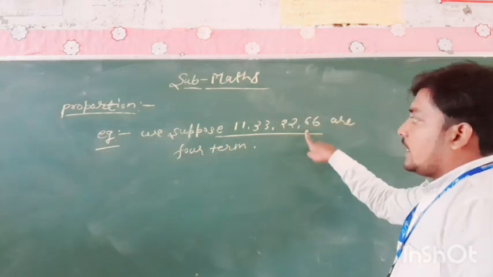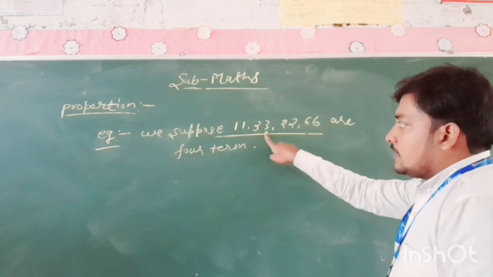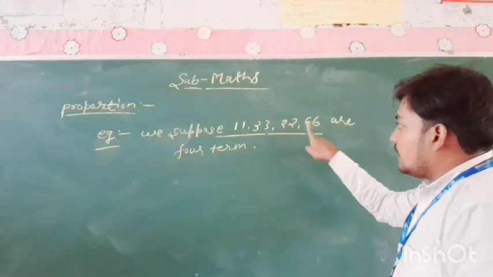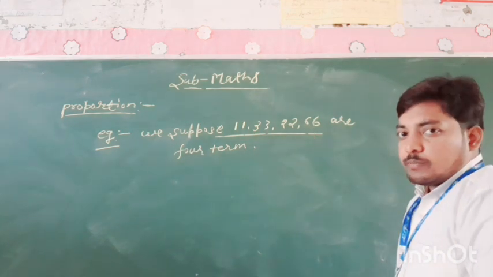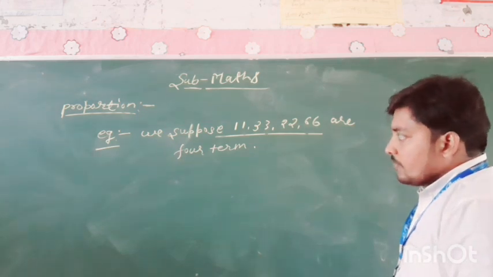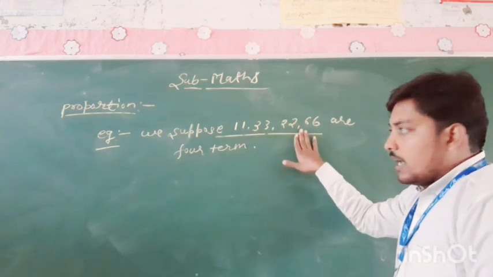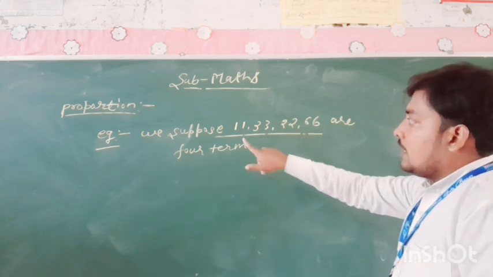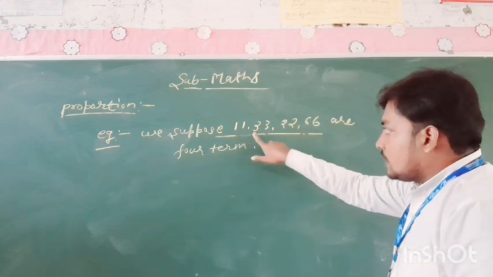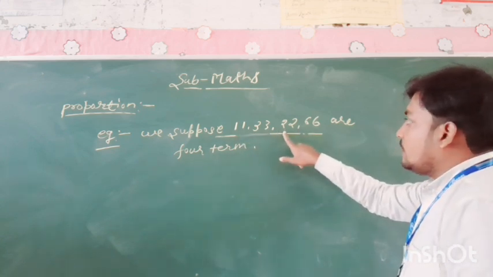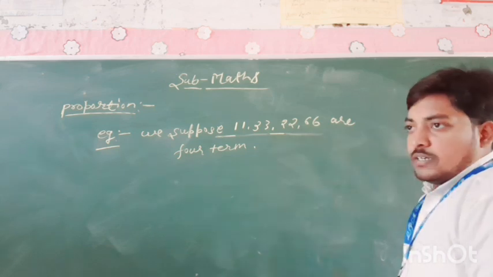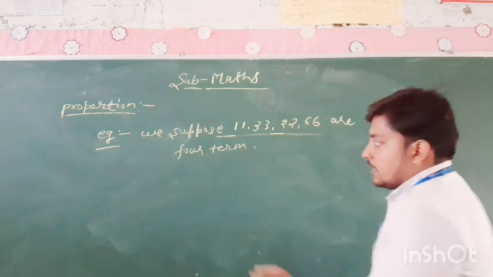Then we have to check whether 11, 33, 22 and 66 are in proportion or not. If 4 terms are in proportion, then the ratio of the first 2 terms is equal to the ratio of the last 2 terms.